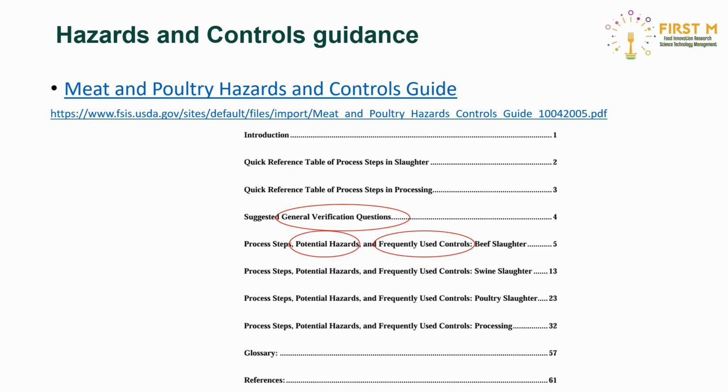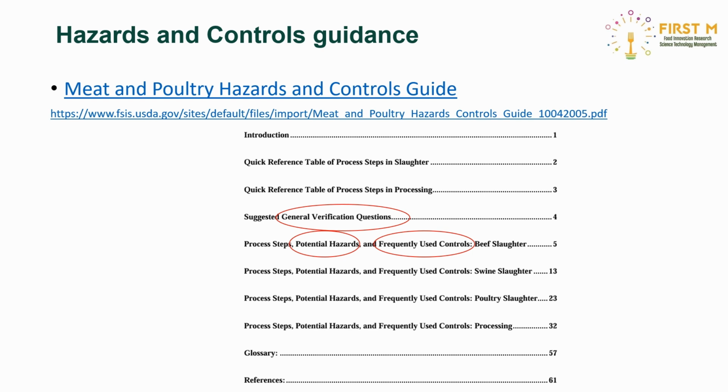They've listed typical hazards and typical controls, and I'll show you some of the examples. You may not have the same ones as they do, but it's worth looking at what they consider to be a hazard, because if they consider it to be a hazard and you don't, you might have an interesting discussion if a US auditor comes.